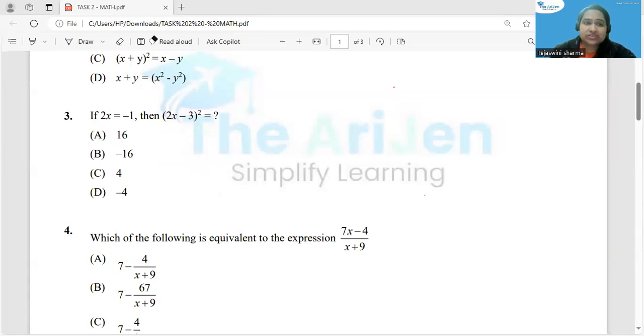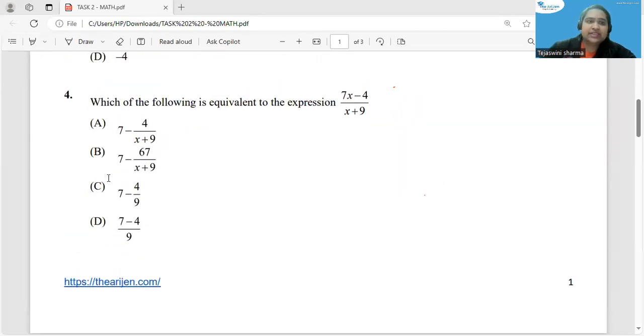Now again, this question is quite an interesting one. The fourth question asks which of the following is equivalent to the expression (7x minus 4) over (x plus 9). In such a question, you can simply see that two of the options are constants. So simply you need to put x equal to any random number.